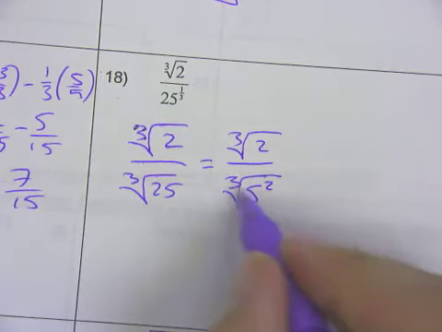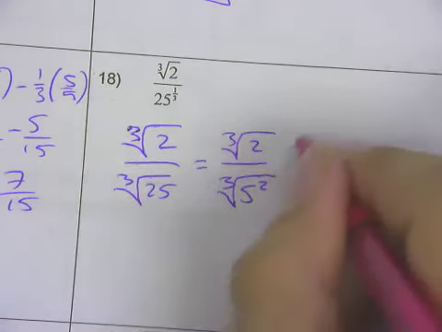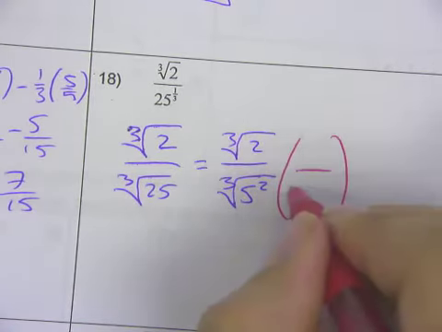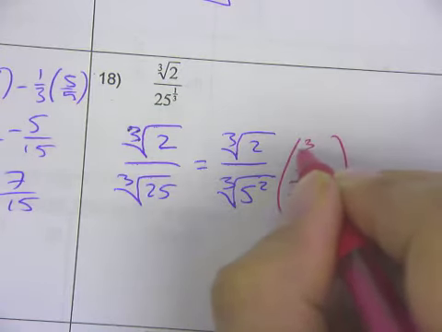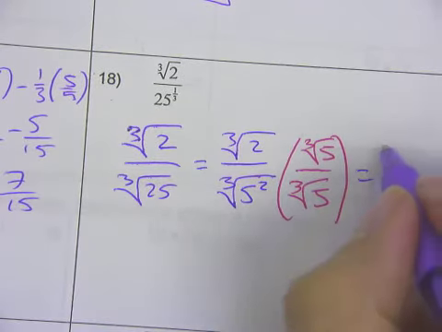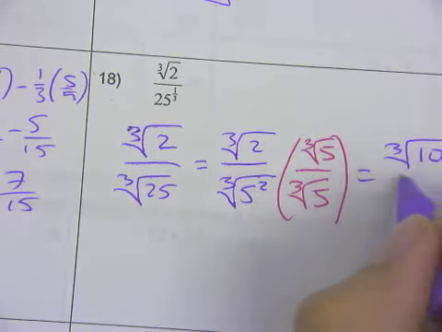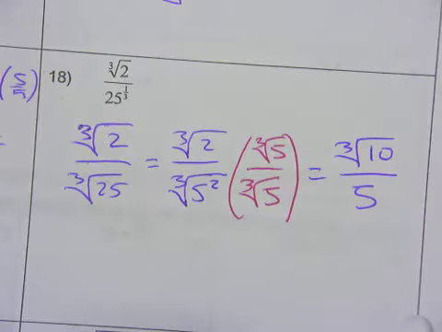So all I need to do is have one more copy of the third root of 5 in here. So I'll multiply the top and the bottom, in order to rationalize the denominator, by one more copy of the third root of 5. On top, that's going to leave me with the third root of 10 in the numerator. In the denominator, I'm just going to have 5.